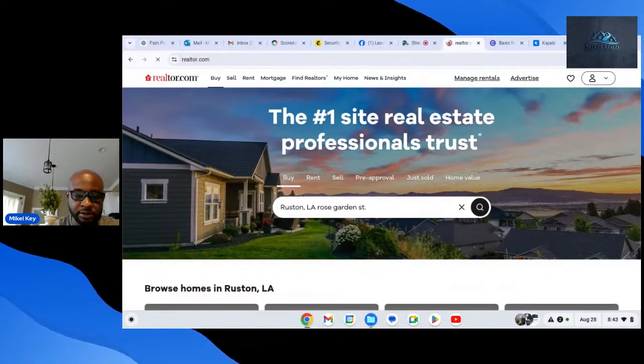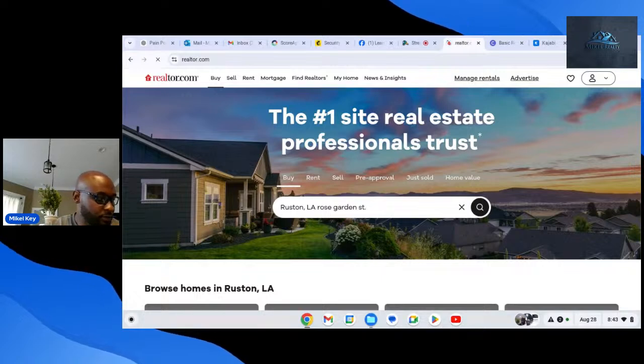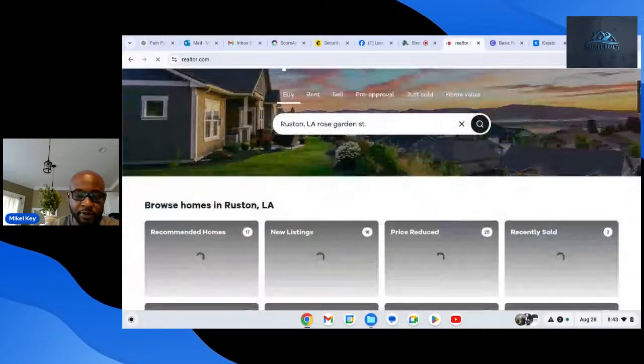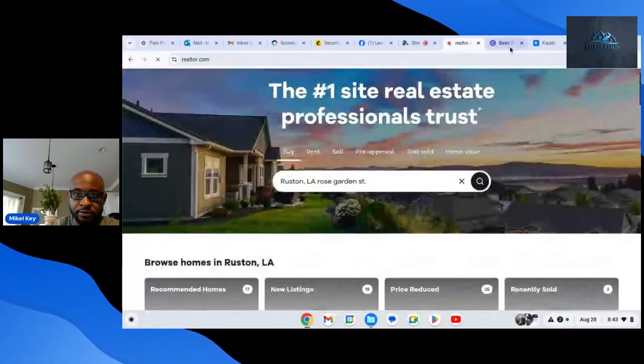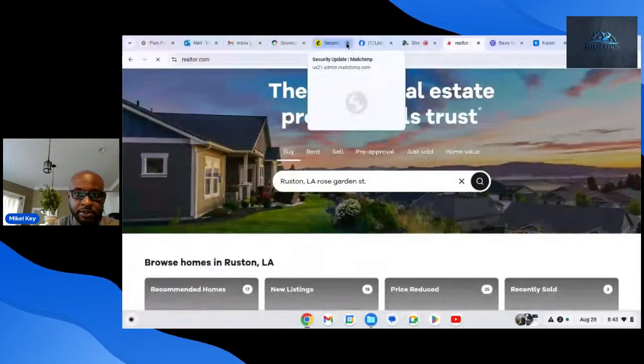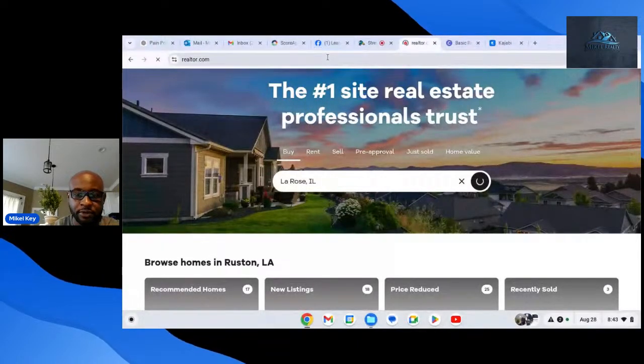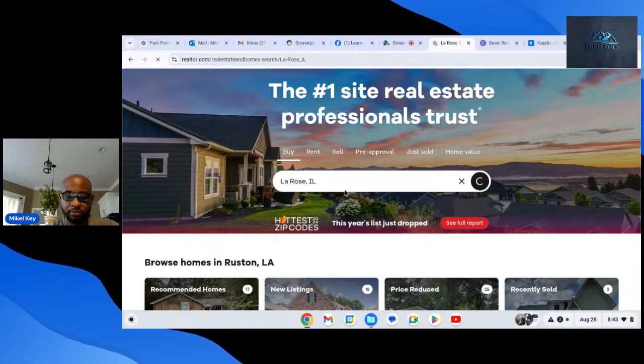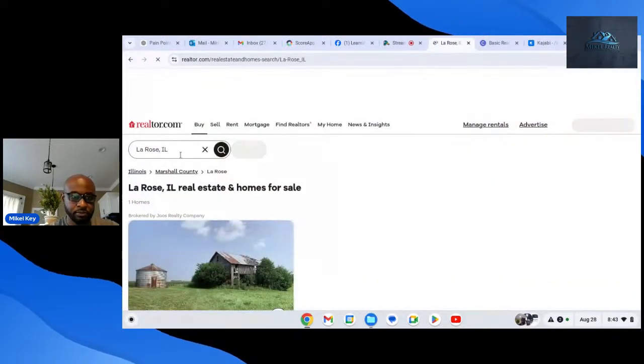I want to try and look for some properties that have recently sold. We're going to make this extremely simple.